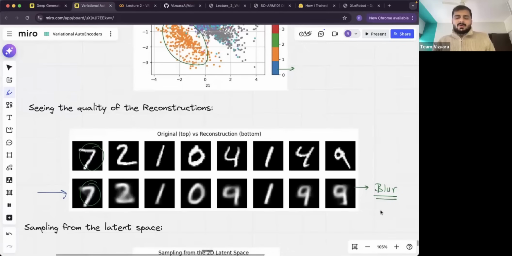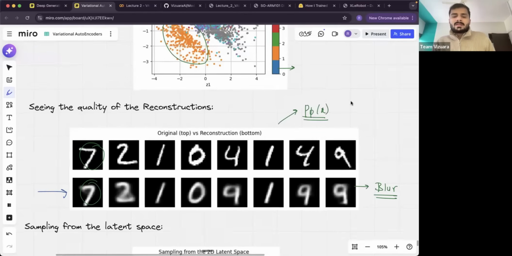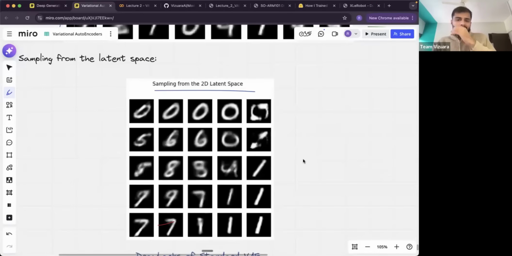But this was really amazing around 10 years back, because we had a deep generative model which we could sample from and create new images which look something like this. This looks a little bit odd, but anyway, now we have a model which we can sample from.